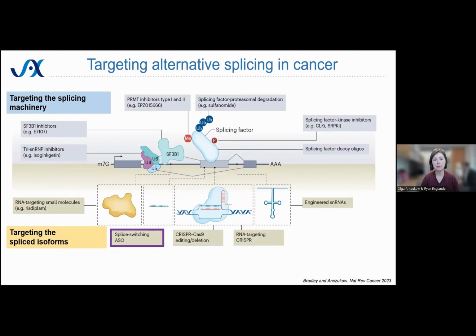Those can be exploited for immuno-oncology, but can also be targeted directly to revert splicing towards the normal-like isoform profiles. And today's talk will highlight using splice-switching antisense oligonucleotides, which are small modified RNA molecules that can redirect splicing by blocking splicing regulatory elements on the pre-mRNA molecule.